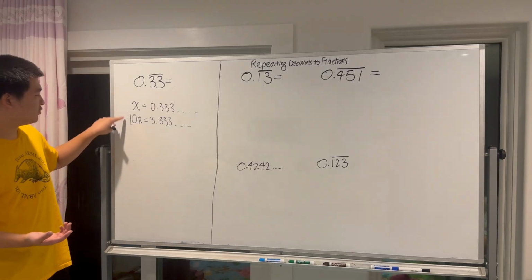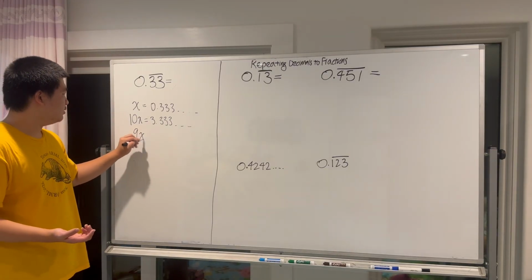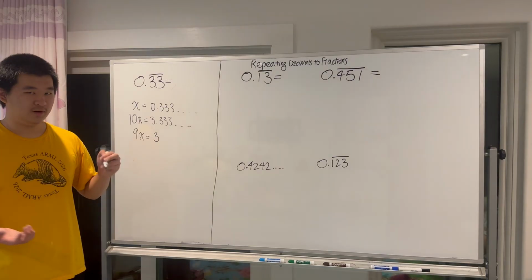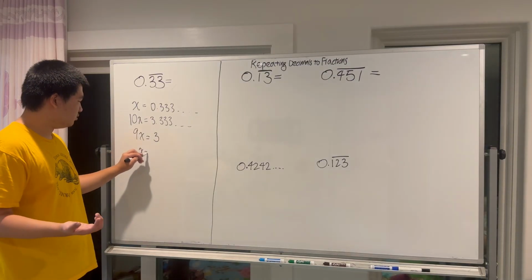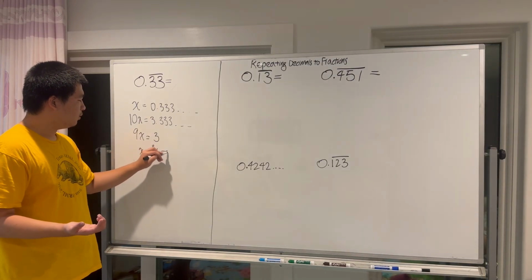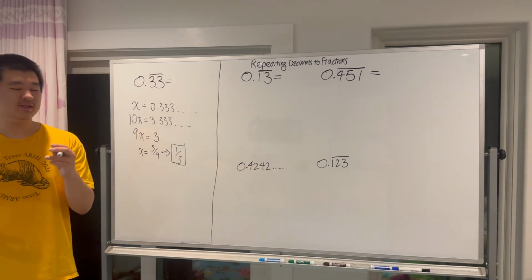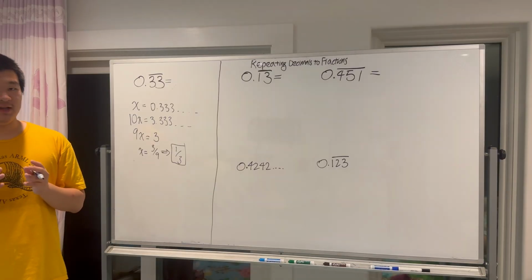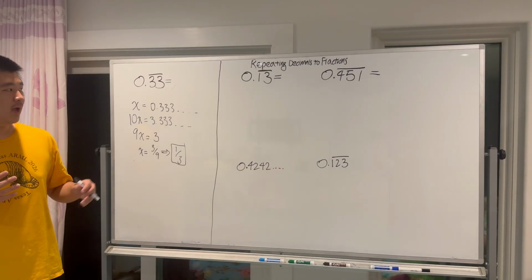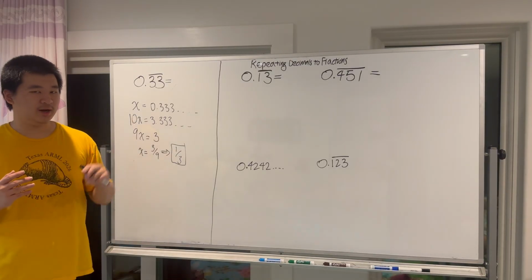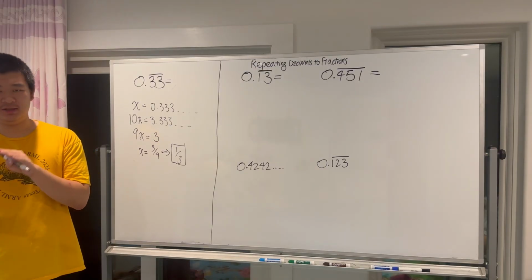If we subtract this from this, we'll get 9x equals 3. Very simple. And thus x equals 3 over 9, or 1/3. So this is the very basic process of turning an infinite decimal into a fraction. And of course, it gets more complicated than this, but it is still fundamentally the same process.